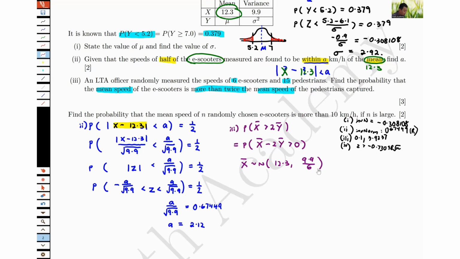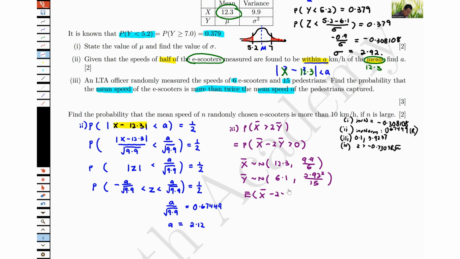For x bar, the formula is variance over n. Y bar is similar. The mean is 6.1. I use back the values found in part 1 of the problem. Mu is 6.1, and your variance will be 2.92 squared divided by 15. And we form our new mean and variance.